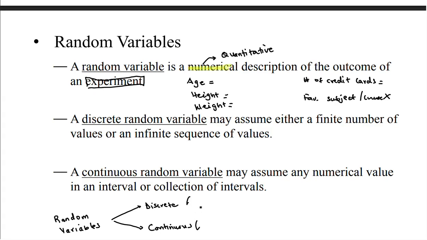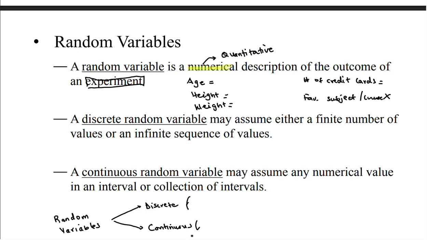So discrete random variables basically are quantitative variables that may assume either a finite number of values or an infinite sequence of values. What are we saying here? For discrete random variables, they take finite whole numbers. Any variable whose value is as a result of finite whole numbers is considered to be discrete.